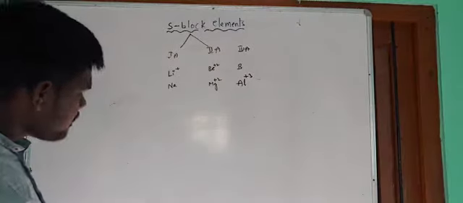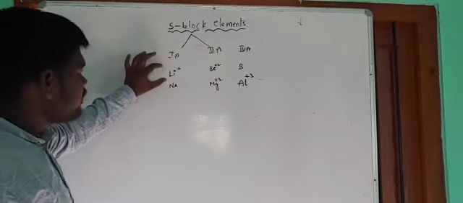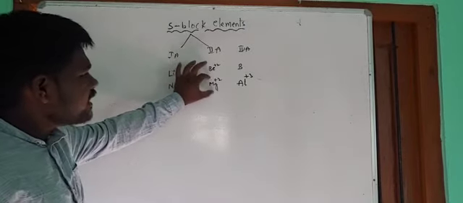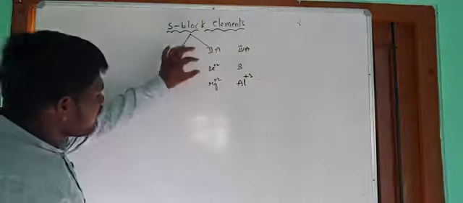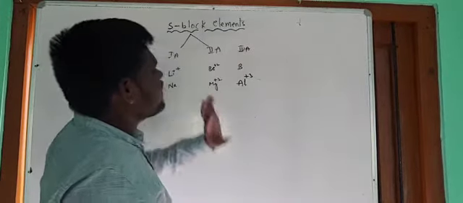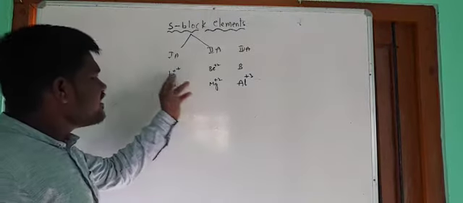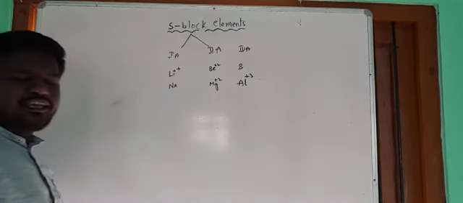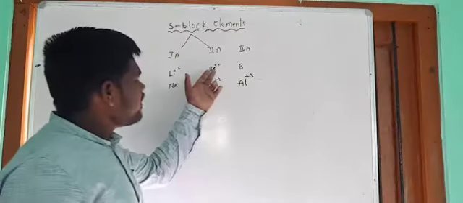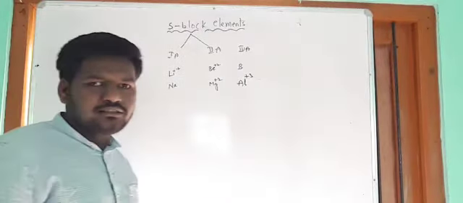So now here lithium ion shows similar properties with Mg2+ and Be2+ shows similar properties with Al3+. So here Li+ and Mg2+, these two are similar in their properties, and Be2+ and Al3+, these two are similar in their properties, right?